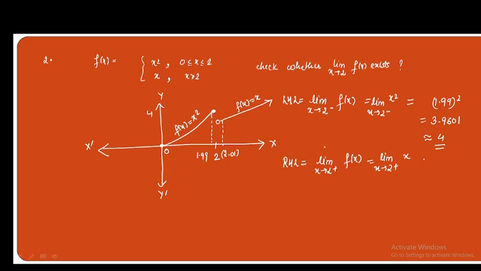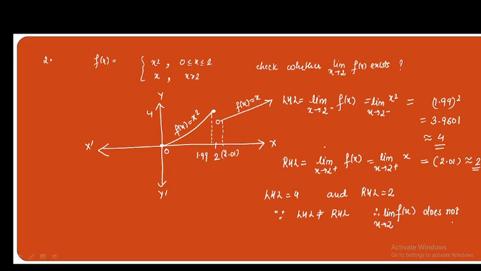The value I have considered is 2.01, which is very close to 2. Now LHL is 4 and RHL is 2. Are they equal? No. Since LHL is not equal to RHL, therefore limit x tends to 2 does not exist.